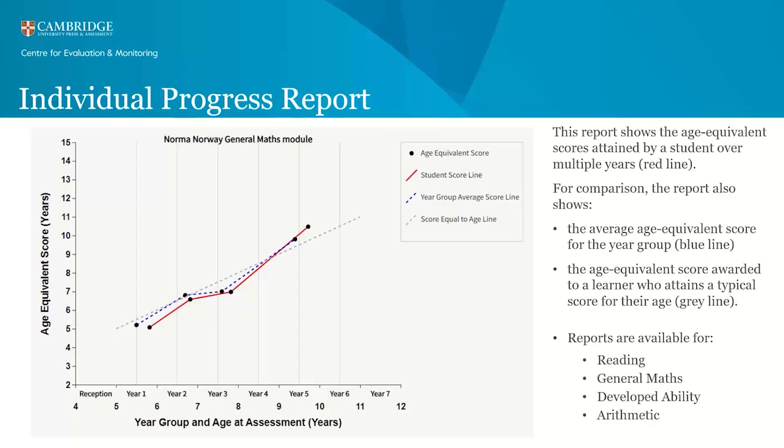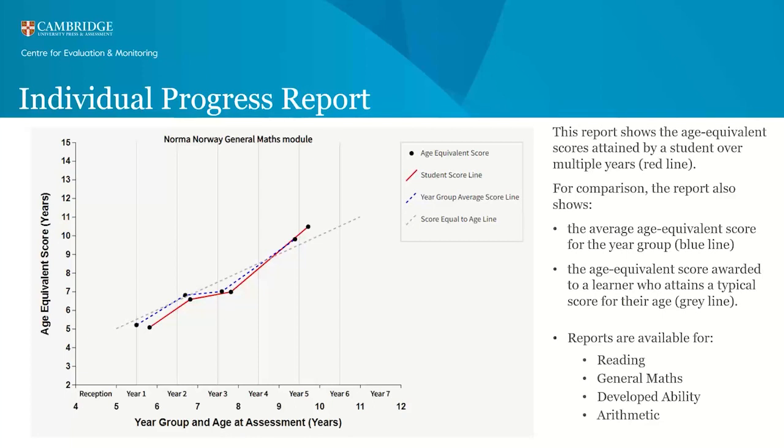So again, we've got some points of reference on here, other context here. These are longitudinal charts, so we're looking over time at what's happened, and this is an age equivalent chart. You can see on the vertical axis the age equivalent score, and you've got the year group and the age at point of the assessment.